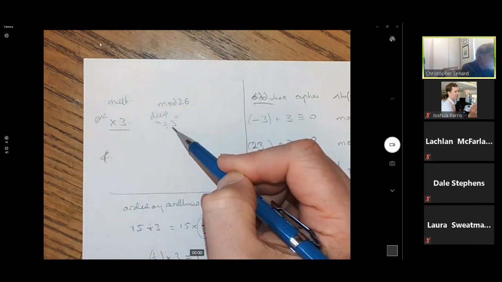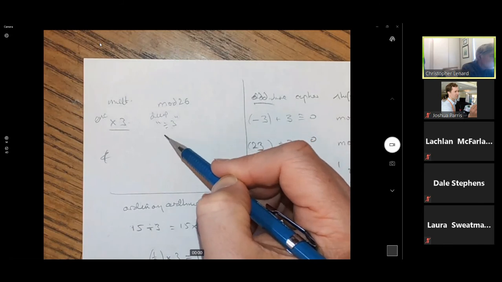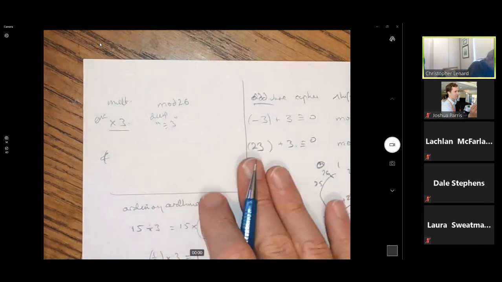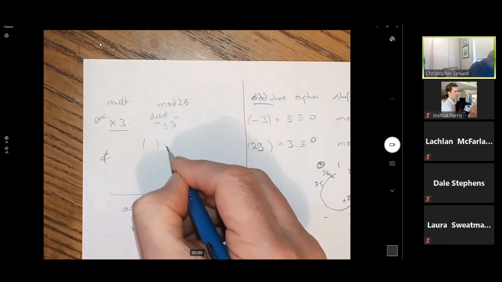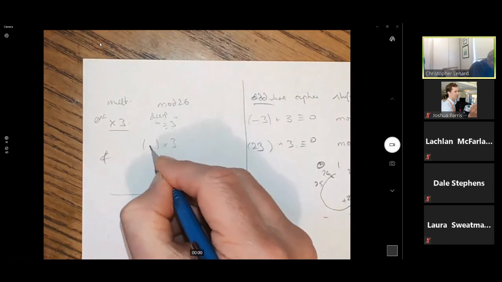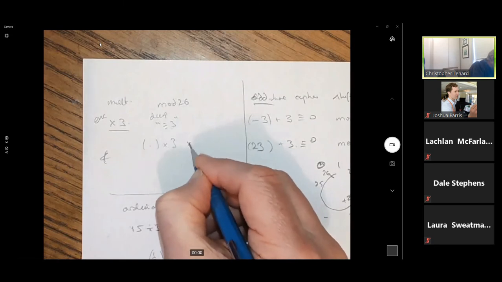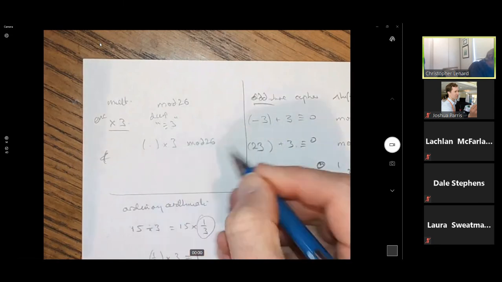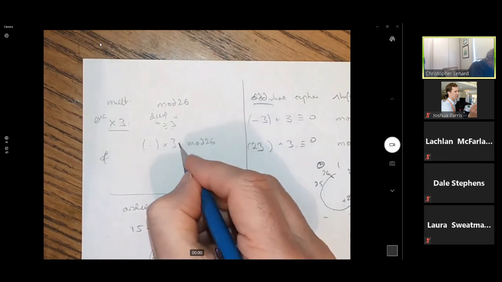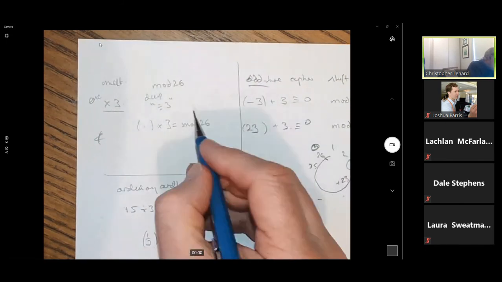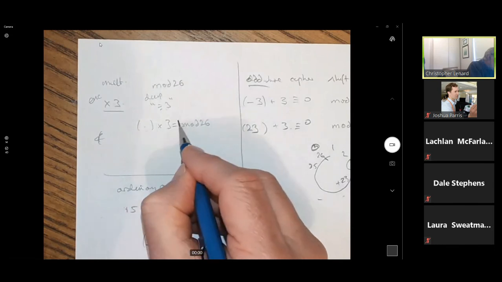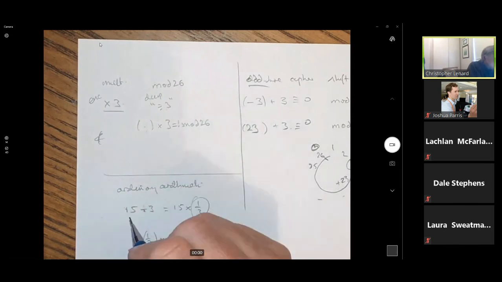So how can we turn the divide by 3 into a multiply by something? The idea is we're going to multiply by something in the mod 26 system. What times 3 gives us 1 in the mod 26 system?